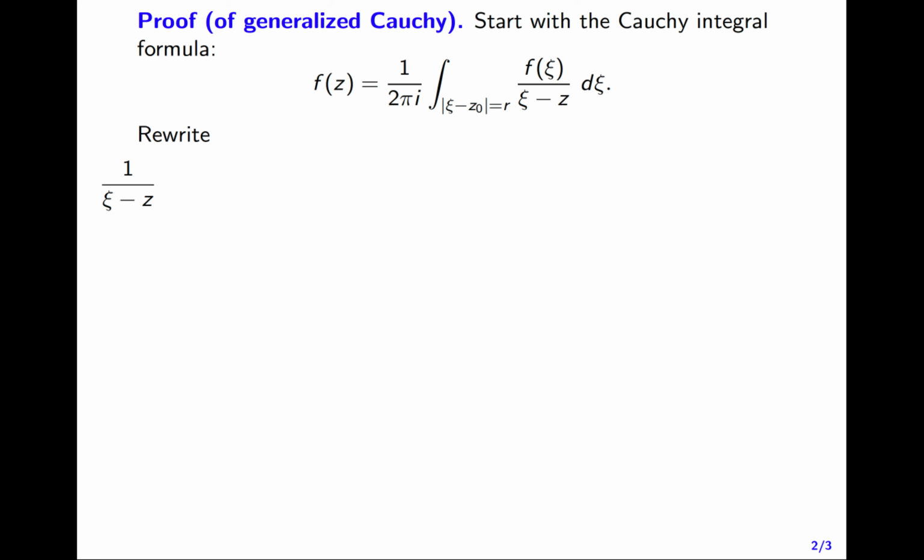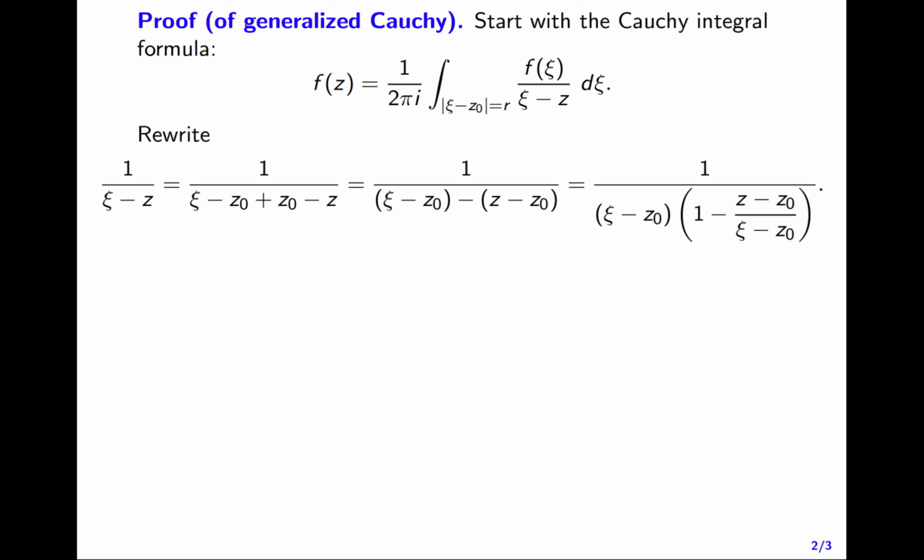We're going to rewrite the 1 over ζ minus z part as follows. 1 over ζ minus z is 1 divided by ζ minus z0 plus z0 minus z. So I've added and subtracted z0. And that I can group together as 1 over ζ minus z0 minus the quantity z minus z0.